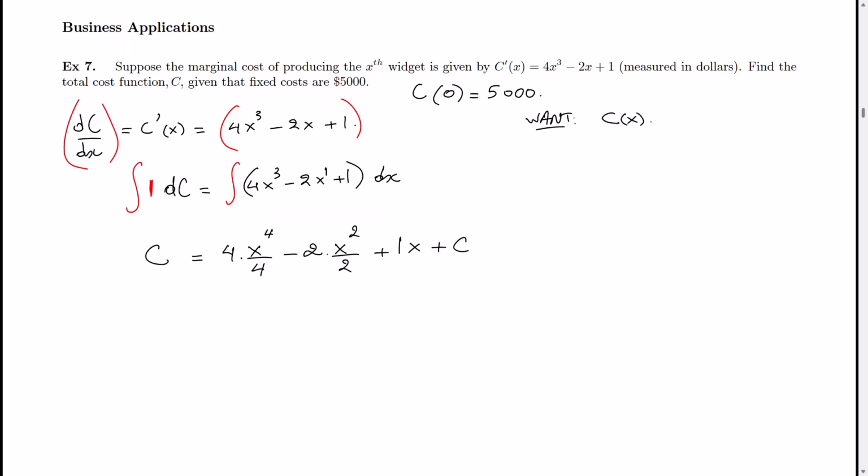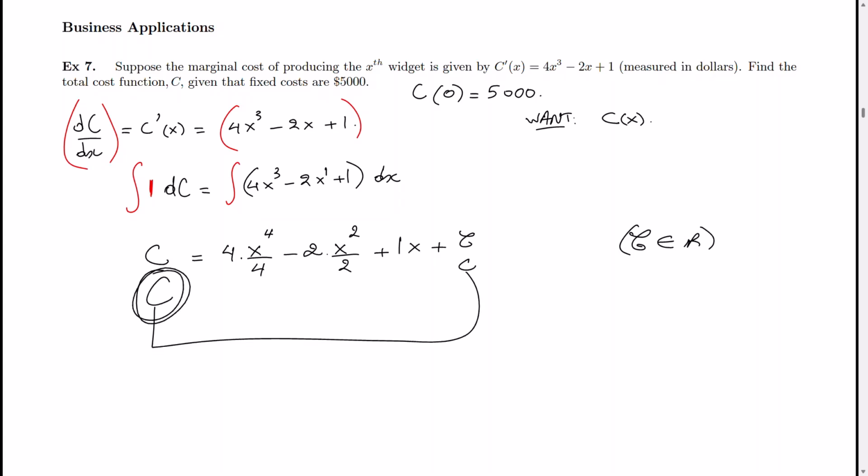I don't want to use c again because then you won't be able to tell which c I'm talking about. You're going to think that this c at the end is the same c at the front. So to make it less confusing, I'm going to write a fancy looking c. This fancy looking c is just the real number that always appears when we're doing antiderivatives. And again, I don't want to write little c here and c there because they look the same and you might confuse them.